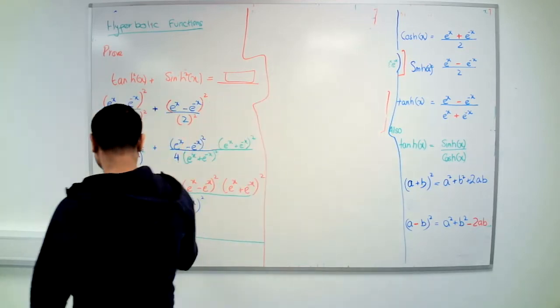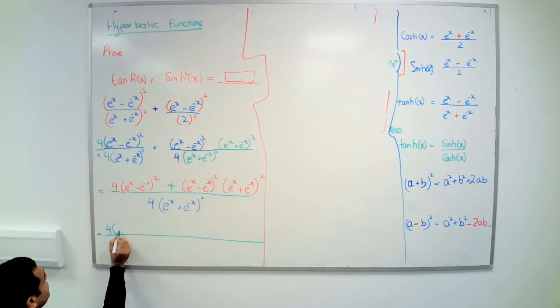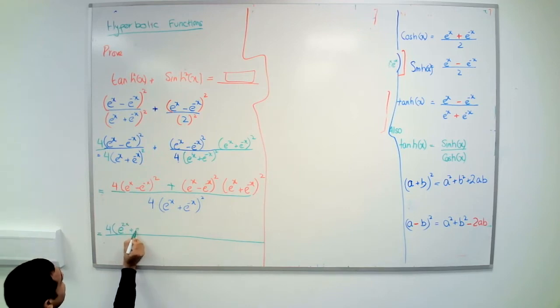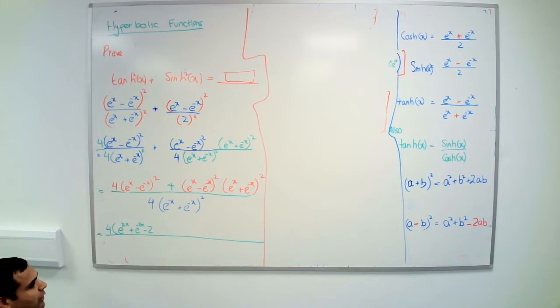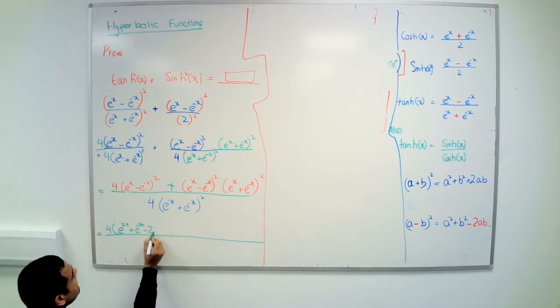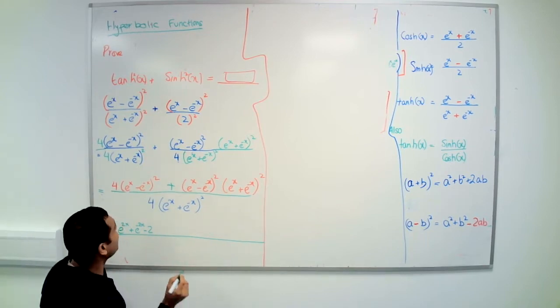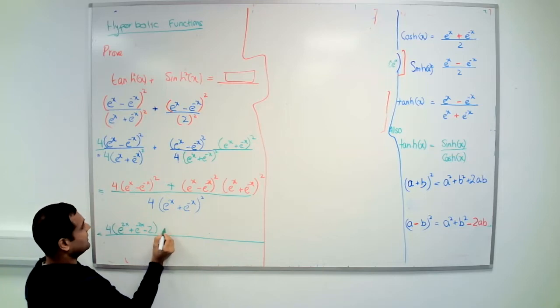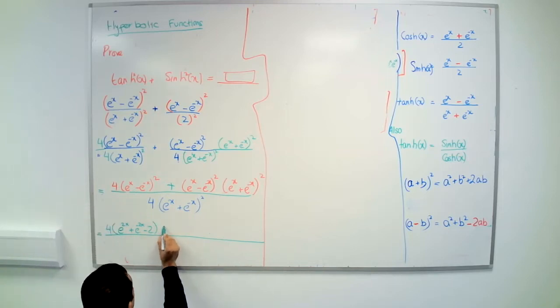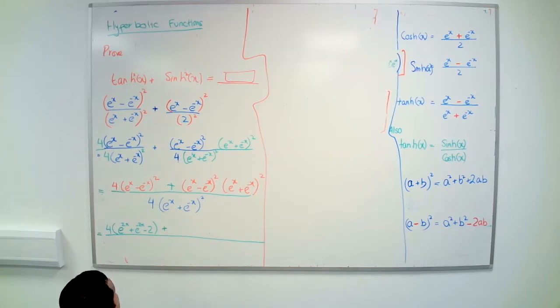So you square the first one: e to the 2x plus e to the minus 2x minus 2. Now what happened to the ab? e to the x times e to the minus x becomes 1, so you don't need to write it. Plus, now I need to do that bit.